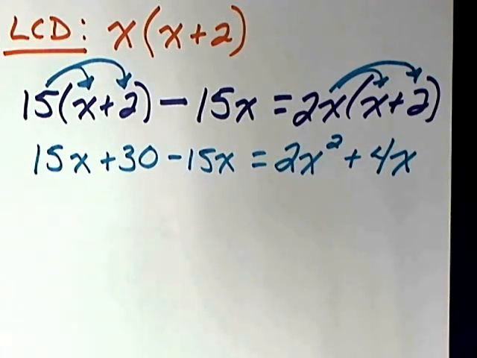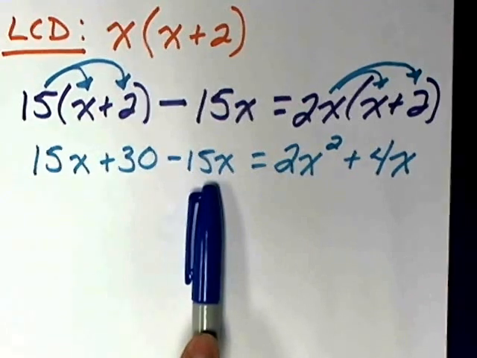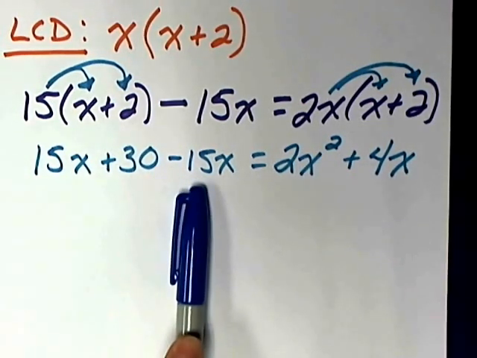After multiplying through like that, we do like to clean things up a little bit. On the left side, I notice that I have some like terms. Now they are on the same side of the equal sign, so I don't have to switch signs. I only switch signs if I cross the tracks. Here, the 15x and the minus 15x are on the same side.